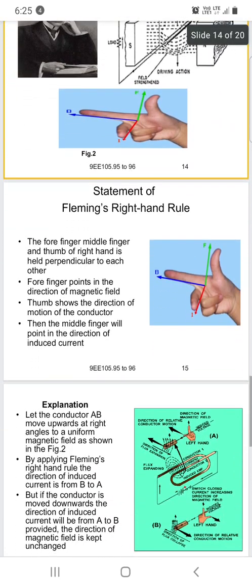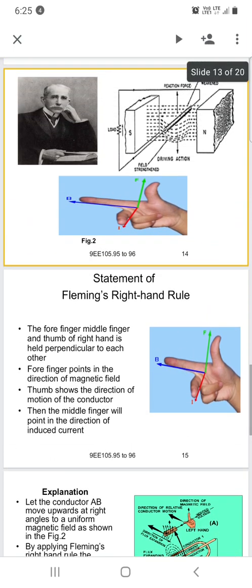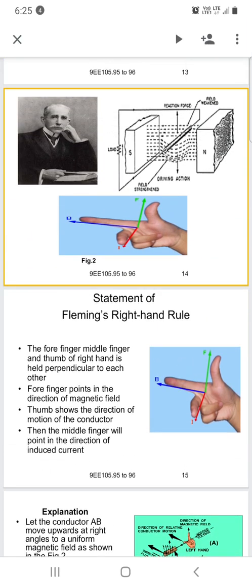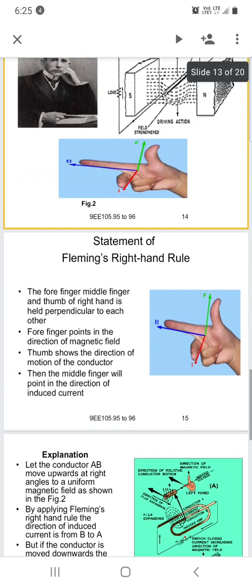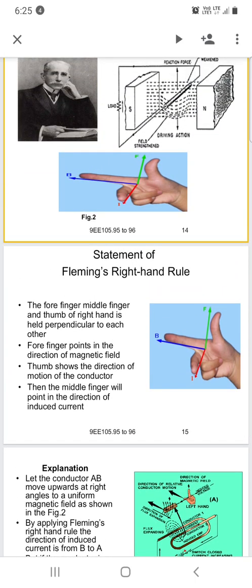So here is the conductor AB. It moves upward, that is, the motion caused in the conductor is upwards. The thumb indicates the direction of motion, upwards at right angle to the uniform magnetic field shown in figure 2.